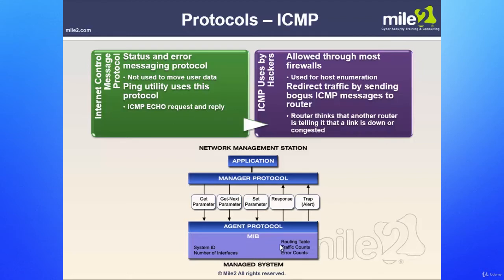Now, the way ICMP is used by hackers, although it's allowed through most firewalls, is for host enumeration. It can redirect traffic by sending bogus ICMP messages to the router. The router then thinks that another router is telling it that a link is down or congested.